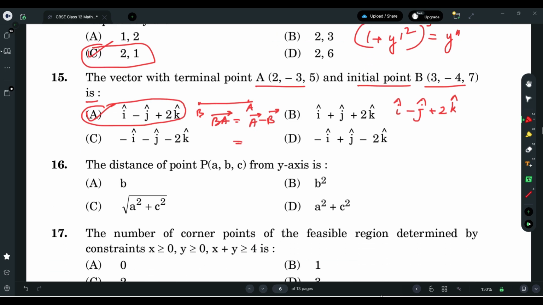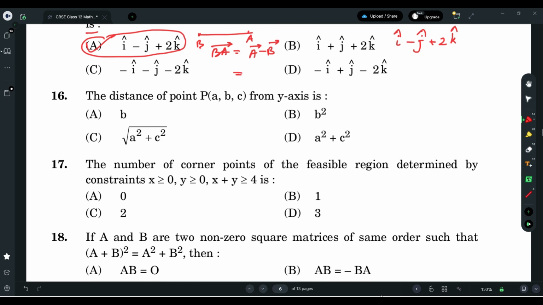Next problem, the distance of the point ABC from y axis. So let us check. This is the axis and this is O. So let this is x, this is y, and this is z. Okay. So this is a point ABC.